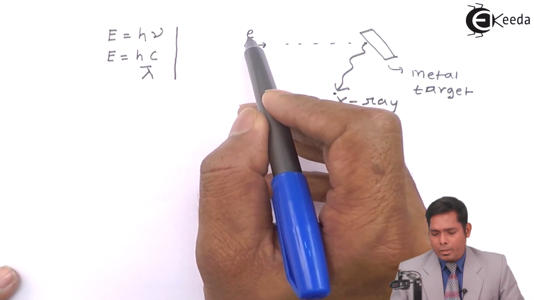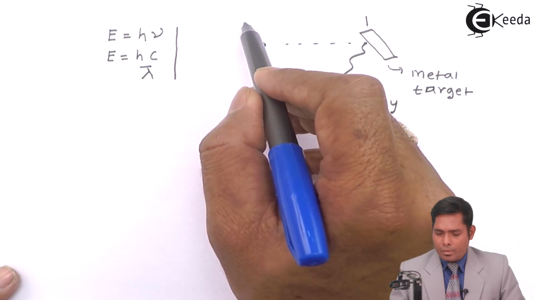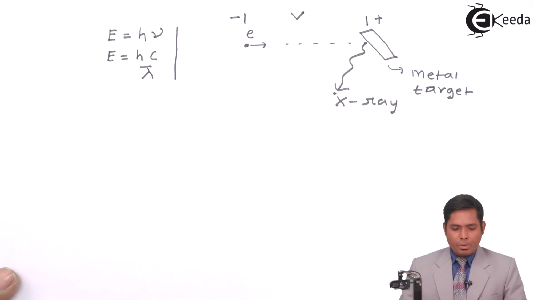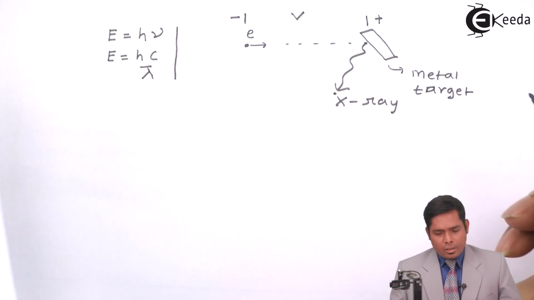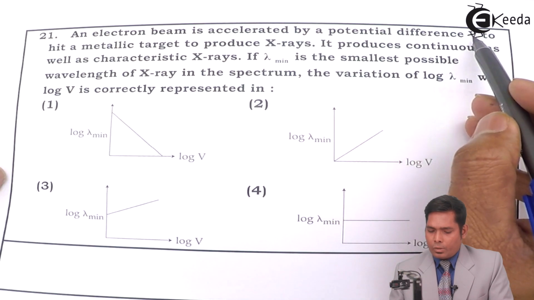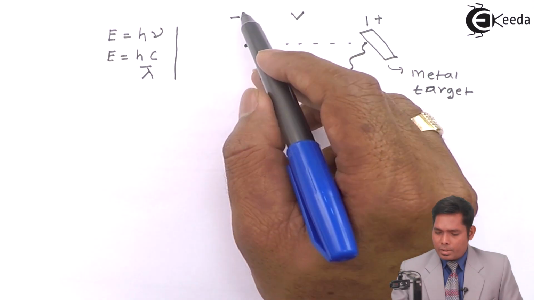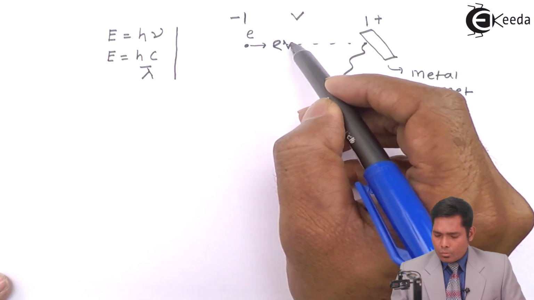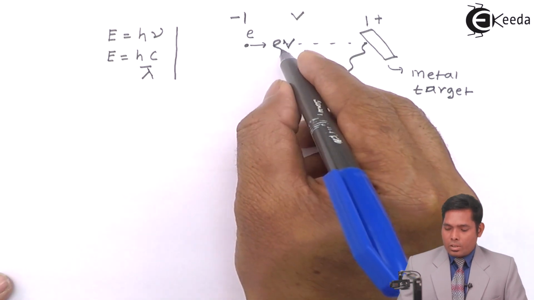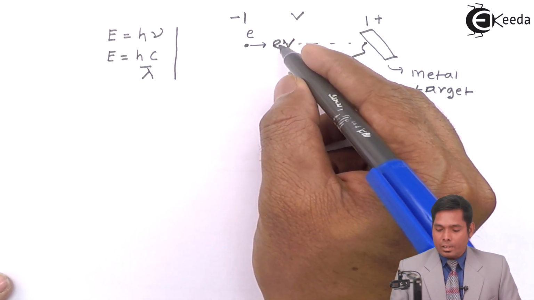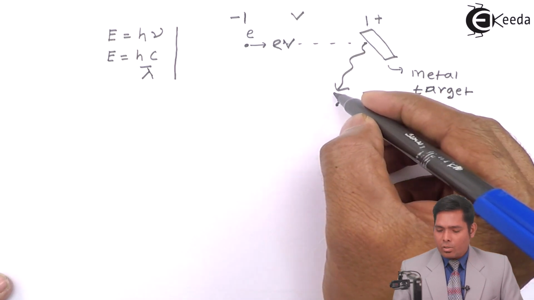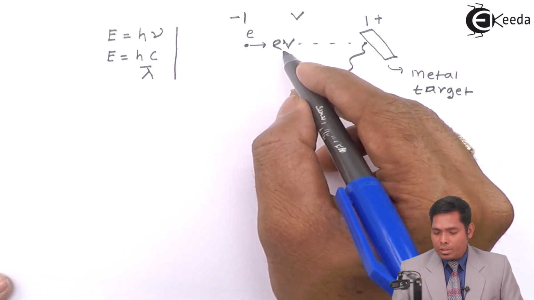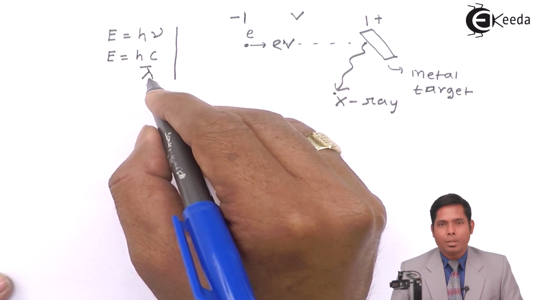If I give a potential difference of V volt, the electron will have energy eV. This is the maximum energy the electron can have, and it is transferred to the X-ray photon. If this is maximum, the corresponding lambda will be minimum.